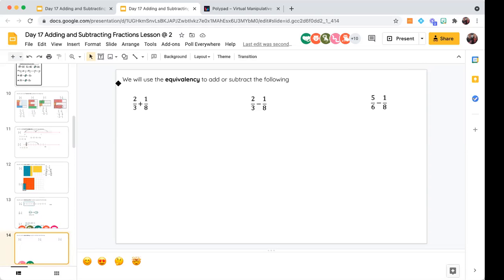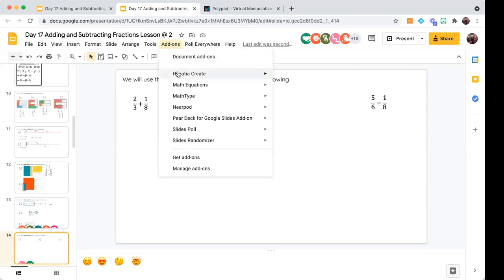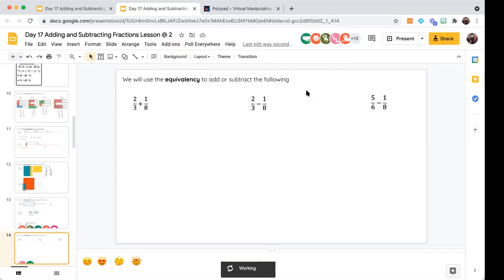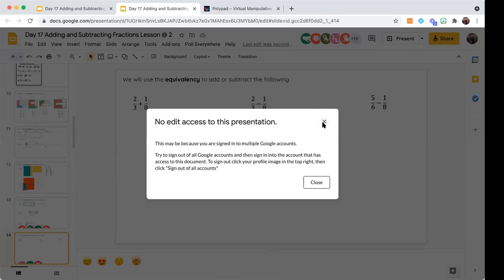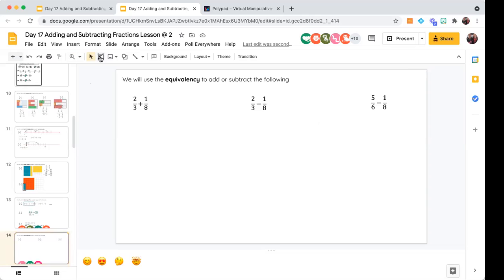So when I think about 2/3, let's see if our add-on will work. No, oh dear, that's okay.